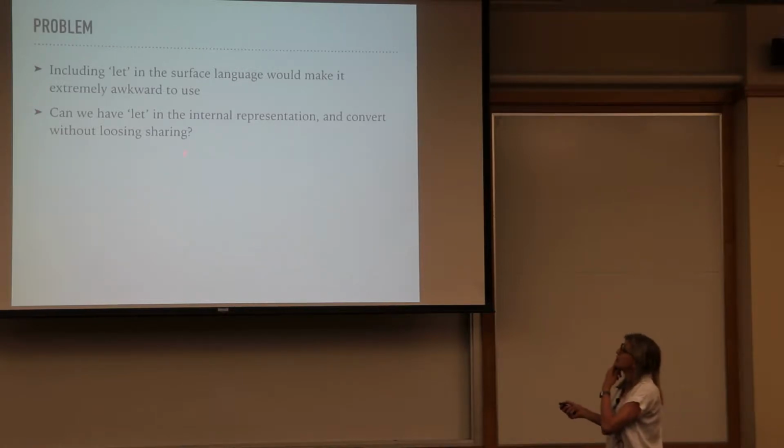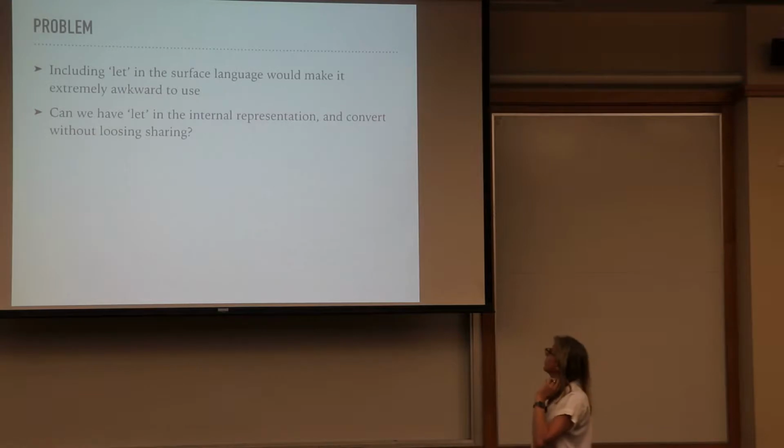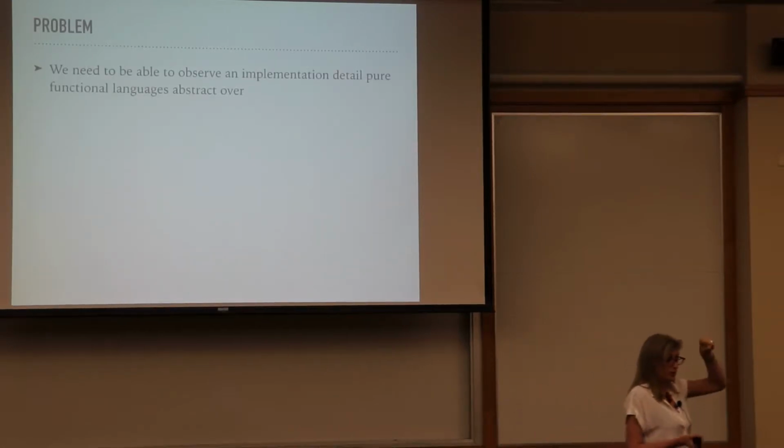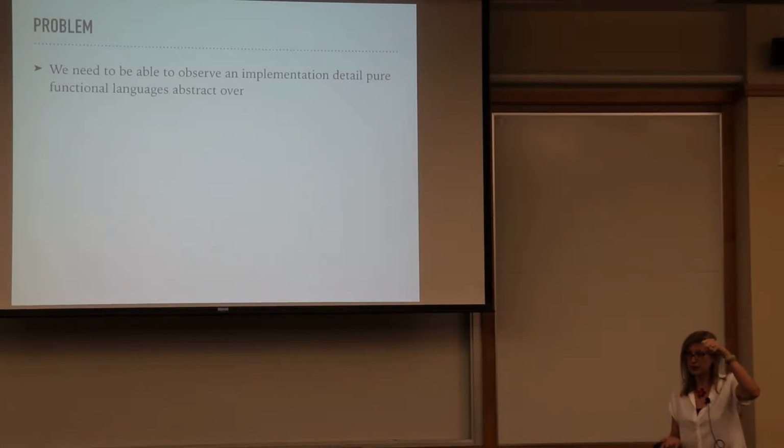So the question is, can we have let in the internal representation and convert to it without losing sharing? For that, we have to be able to observe the sharing in the AST graph.